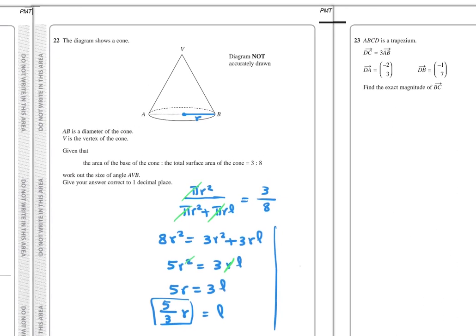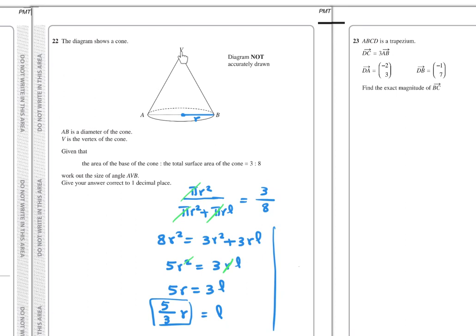Now we need to find the angle AVB. If we draw the perpendicular height for the cone, this is h. Now consider this angle, theta. Angle AVB is twice the angle theta. From symmetry, angle AVB equals 2 times angle theta.